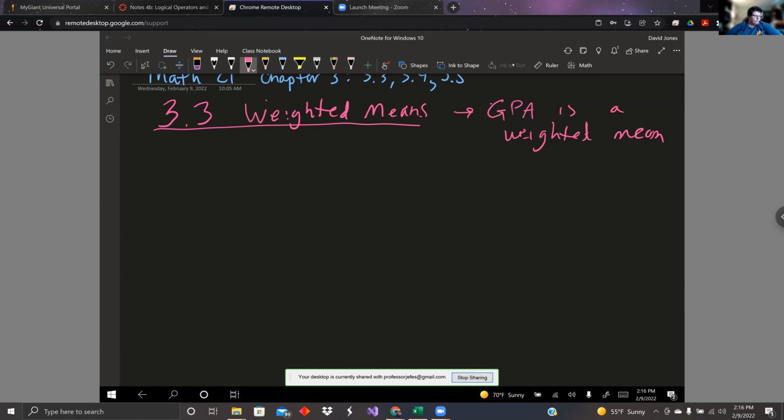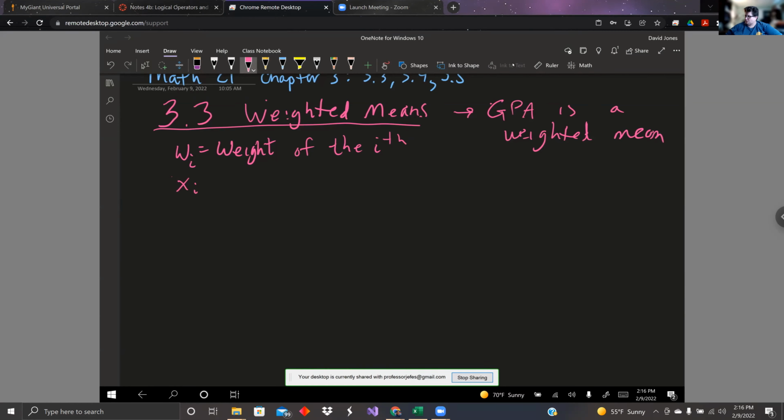So what they do is they use W for the weight. And if they have W with an I, like a sub-index, it's the weight of the ith item. And then we have our regular X, or XI.